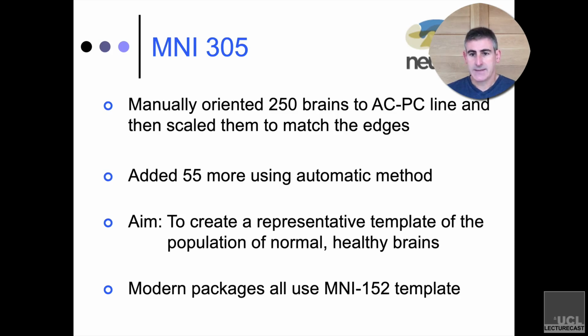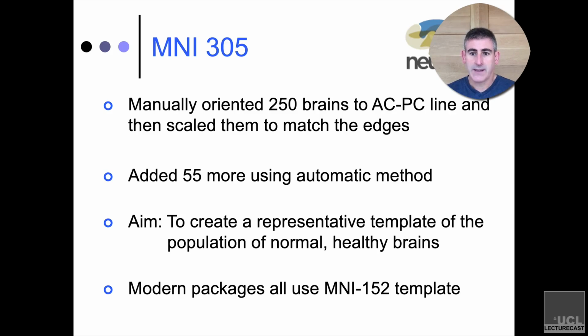Okay. Since then, there have been multiple versions of the MNI Atlas, and the one that's almost consistently used across packages these days is the MNI 152. This is based on a different sample of 152 subjects that were registered to the 305 sample, and they've tried to get rid of, again, some of the additional biases.